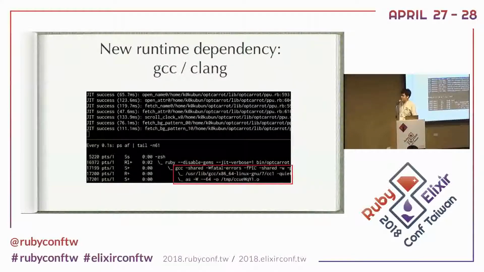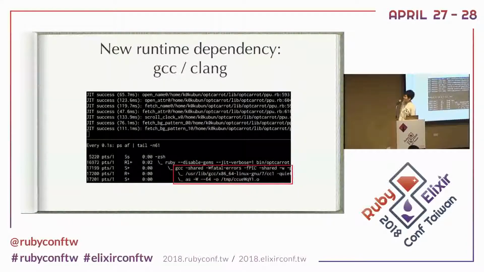The big difference after the JIT addition is the new optional runtime dependency, GCC or clang. As you can see, Ruby forks the GCC process, and you may see the GCC compilation when you run Ruby.